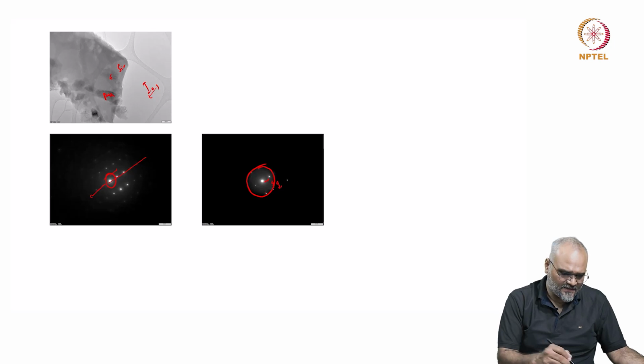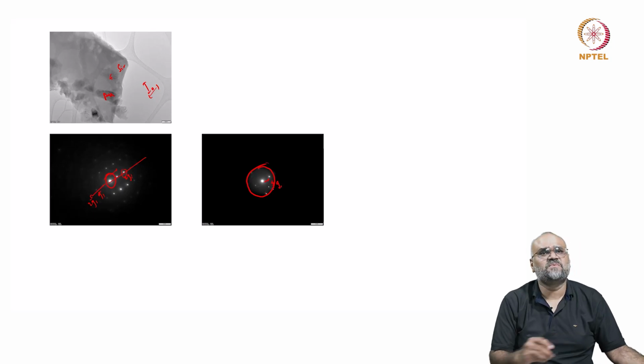So, as a consequence of this, you are not allowing the higher order reflections beyond this point. So, let us say if I call this reflection G1 and this 2G1, then 2G1 or G1 bar and 2G1 bar are not allowed in this particular condition.